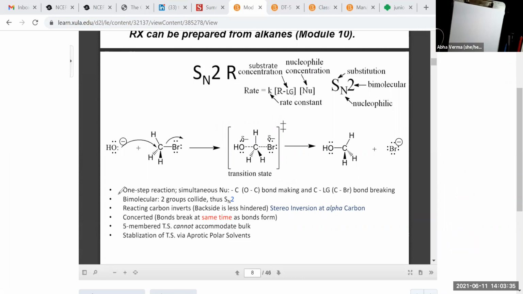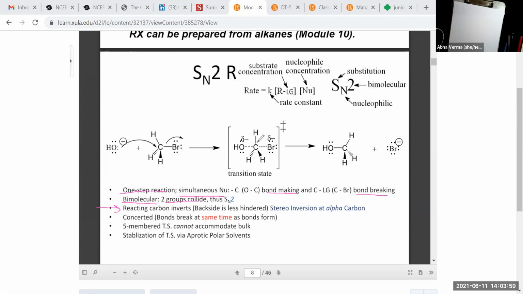So this is a one-step concerted or simultaneous bond making and bond breaking reaction mechanism. It is bimolecular. When the two groups collide, the nucleophile and the substrate both collide. And there is a backside attack. What does that mean?